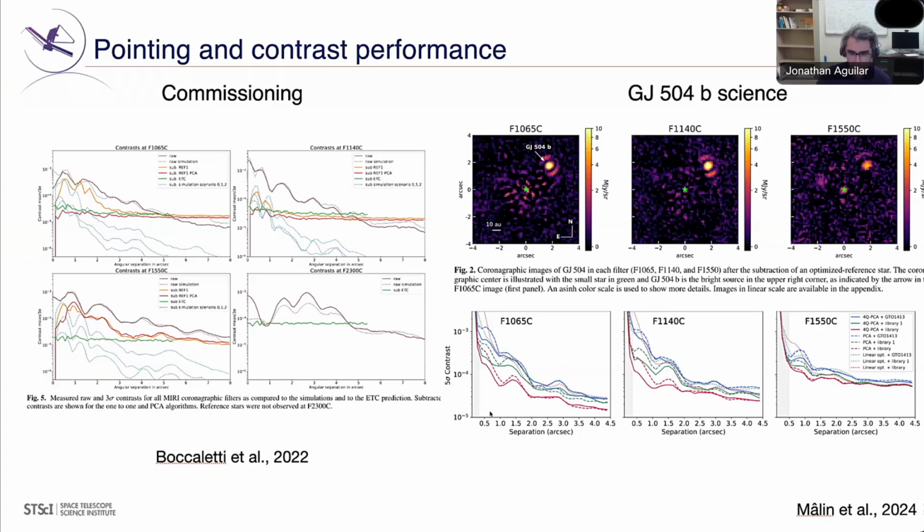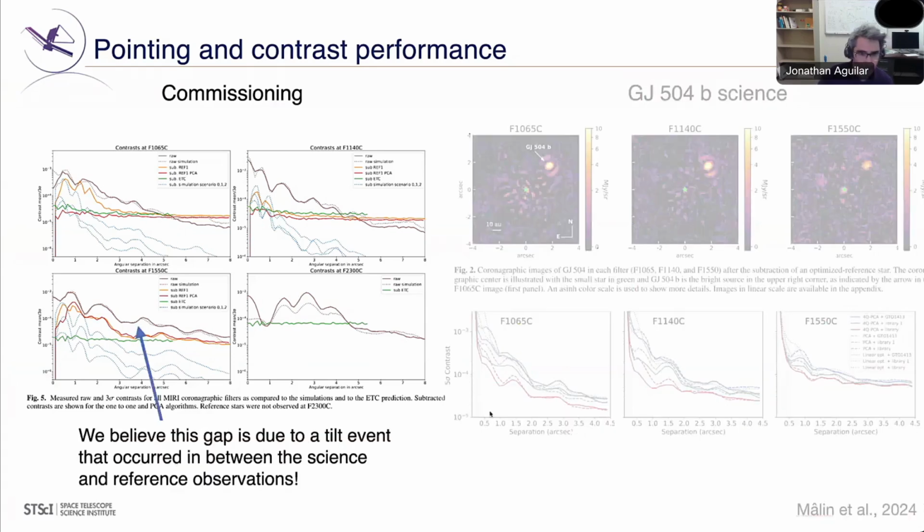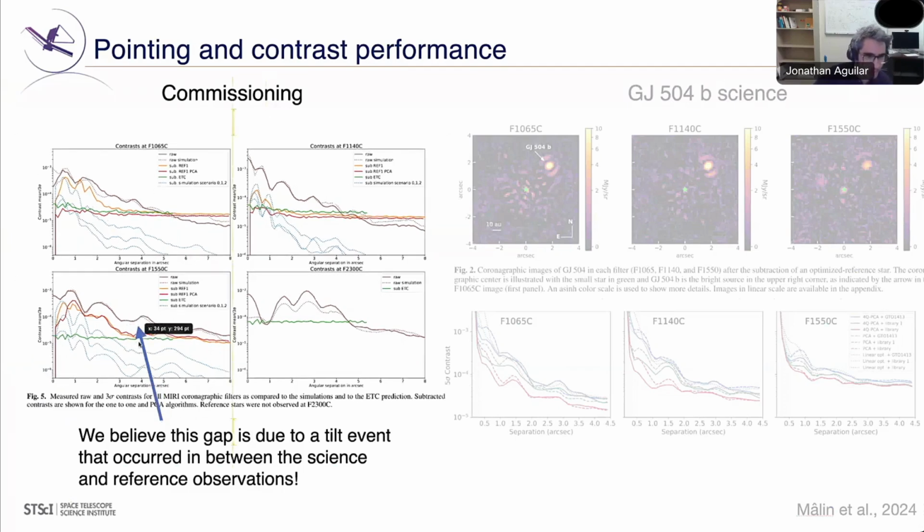One interesting caveat here is that there's a large gap between the raw and the subtraction PSFs. We think what happened in this case was that a tilt event, so one of the mirror segments moved between the science and the reference observation.